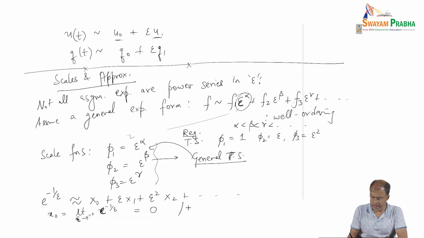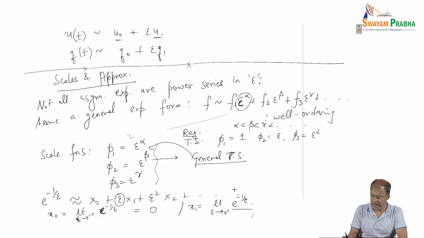Similarly, if we want to find x1, it will be the limit again as epsilon tends to 0 plus, where we subtract x naught from the function e to the power minus 1 over epsilon and divide by epsilon, because that is what x1 is. And we see that again this is going to be 0. And so on, we will see that x2 is also 0.